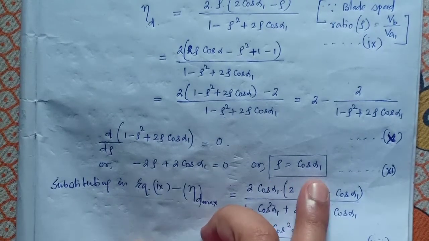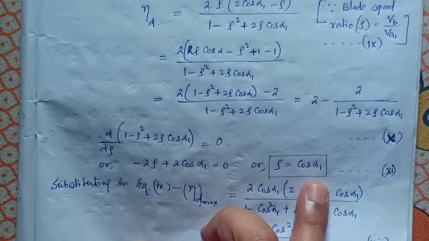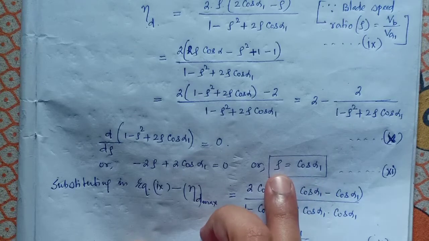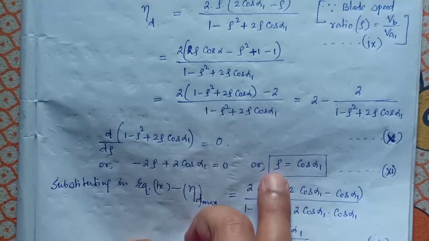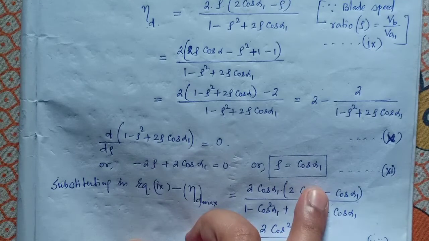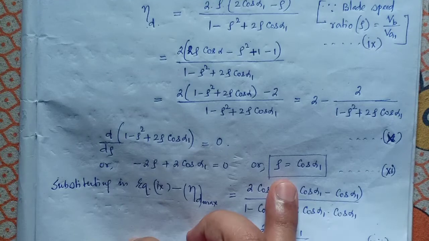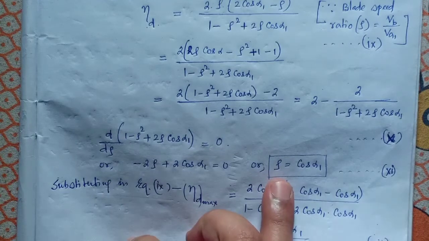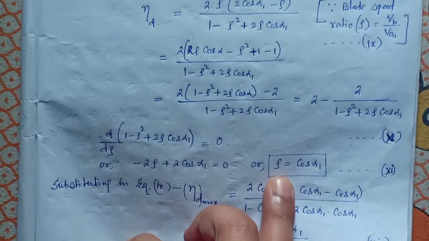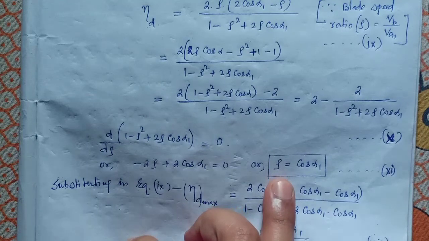Trying to recall your memory, in the case of impulse turbine we got rho equals cos alpha by 2. But over here in the case of reaction turbine, rho equals cos alpha. It means the blade speed ratio in the case of reaction turbine is double that of impulse turbine. I think this one is clear to you.